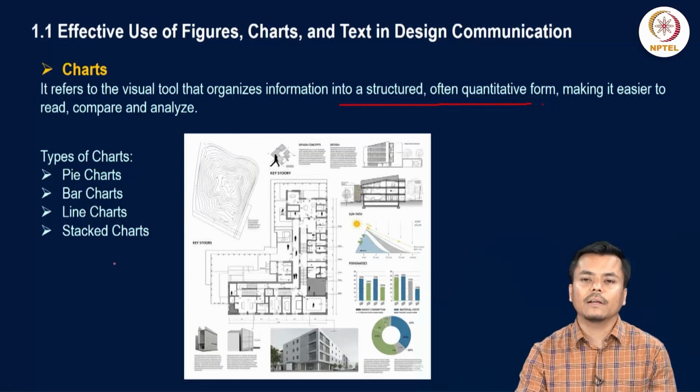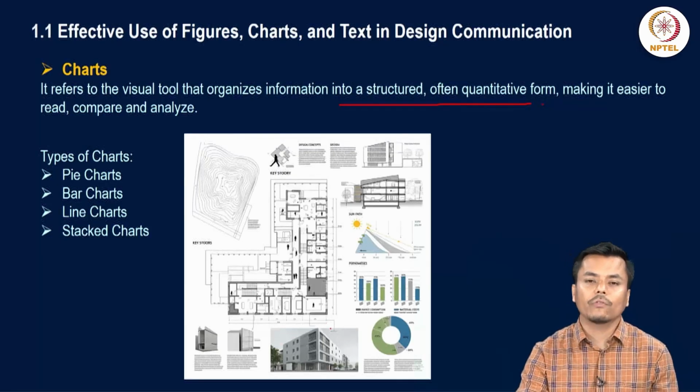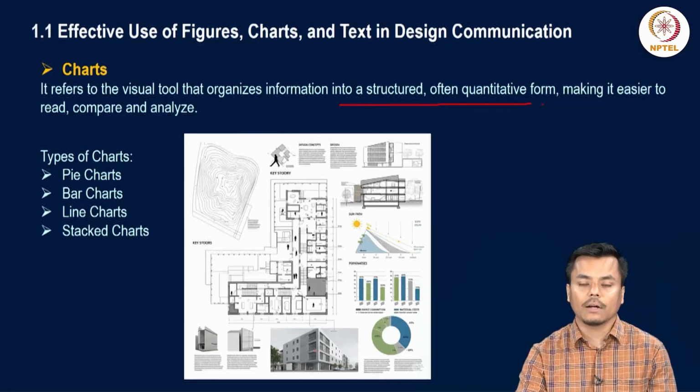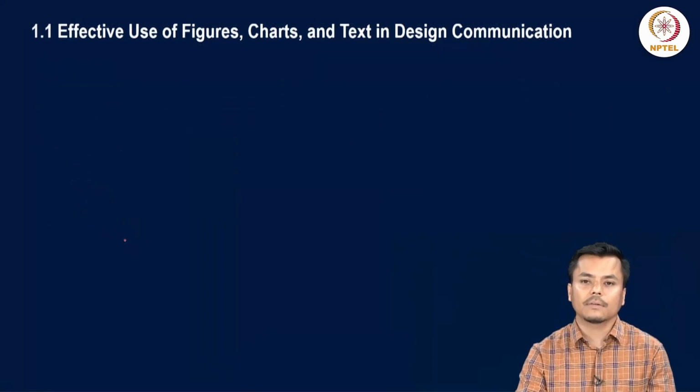Instead of writing a paragraph about the quantitative data, if you showcase the same information through different forms of charts, one can easily visualize the difference between the different contexts mentioned in the chart. In preparing charts, there are different types generally observed in the sheets. First is pie chart, then bar charts, line charts and stack charts.